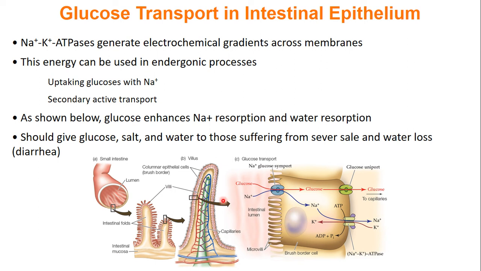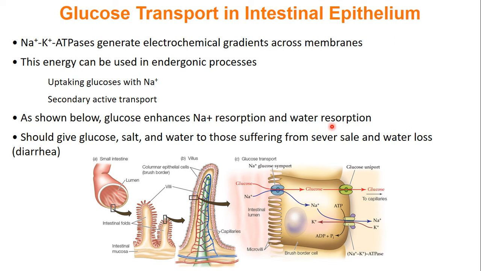So what's actually interesting is that if you have water loss, if you are going through diarrhea, you should really have glucose salt in water because that actually helps you uptake fluids a lot faster.